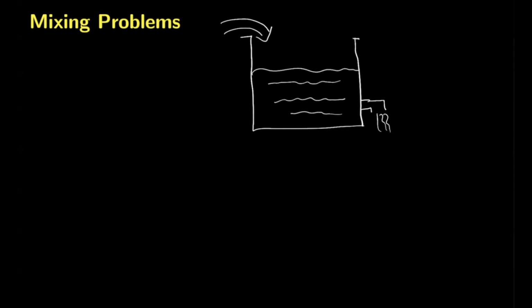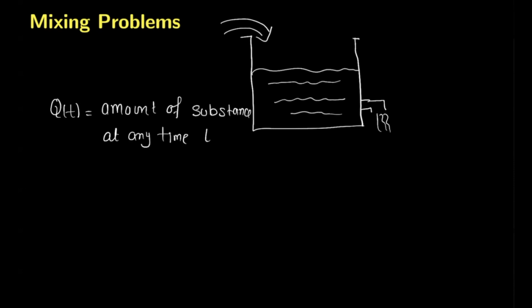So let's suppose we denote Q as the amount of salt, the amount of substance. Substance can be a salt or it could be any other chemical. Q is the amount of substance at any time t.